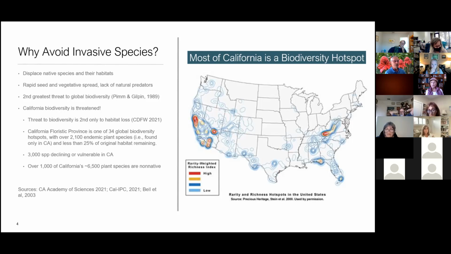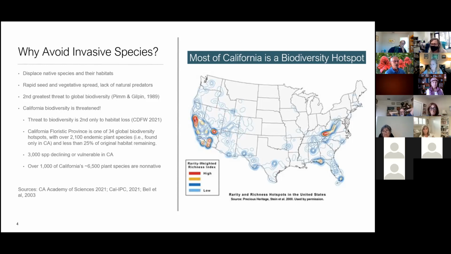What makes it a hotspot is the high number of plant species that are only found in California, nowhere else on the planet. Over 2,000 plant species are found only in California, and less than 25% of the habitat is remaining due to all the conversions that have occurred in California. So that's what makes it a hotspot.